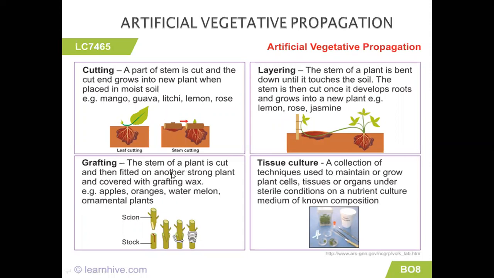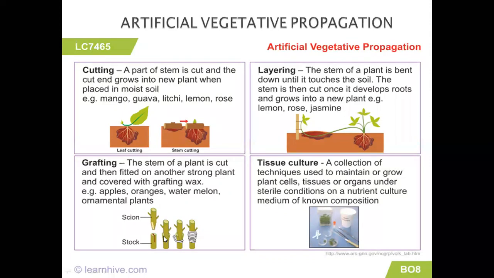In grafting, a piece of stem is cut from one plant and attached to another plant with an established root system. After a while, the vascular bundles of the attached stem piece and the host plant are connected to each other. You can see the vascular bundles here, which are responsible for water and minerals conduction, and when these two are joined, their vascular bundles are also joined.